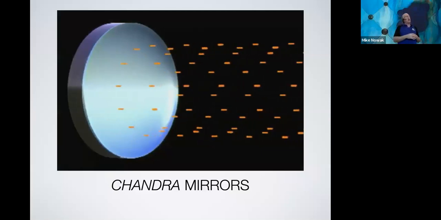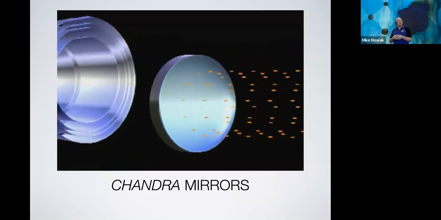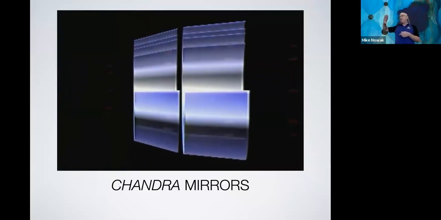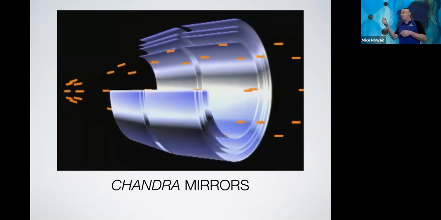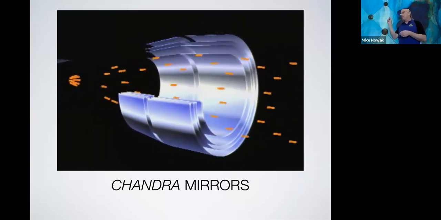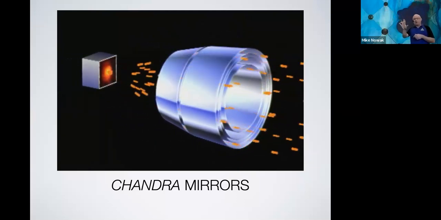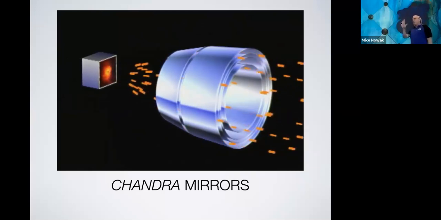So its mirrors have to be a little bit different than mirrors for an optical telescope. Rather than being face on, because X-ray wavelengths are shorter than the spacing of atoms in the material. If you're looking through my hand face on, you can see through my fingers.